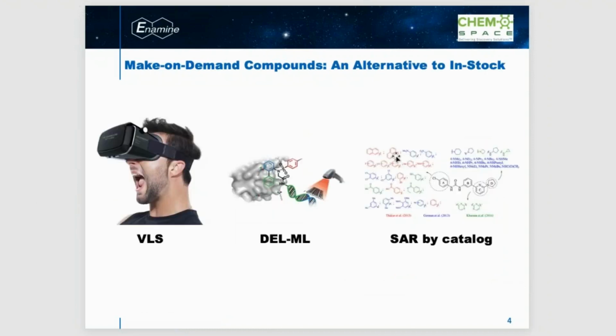And those make-on-demand compounds have been a really great and useful alternative to the in-stock set, and there are a number of applications of the make-on-demand compounds in virtual ligand screening, DL/ML approaches, and SAR by catalog.